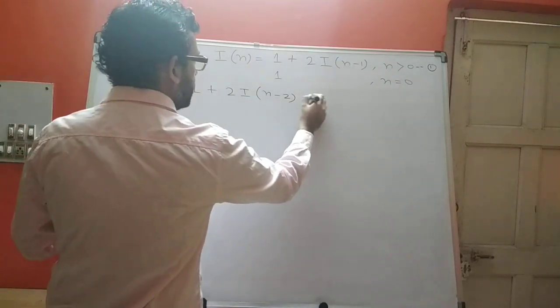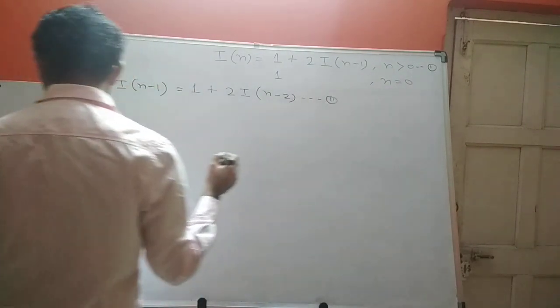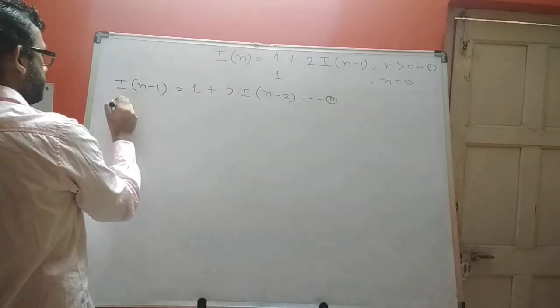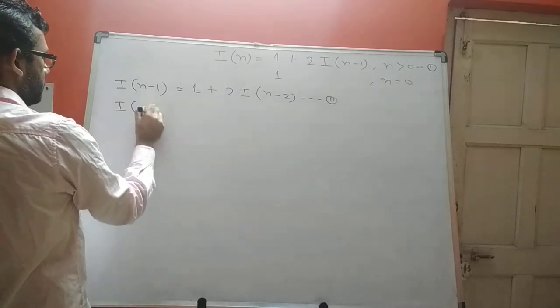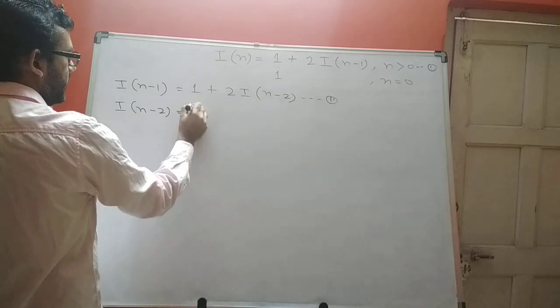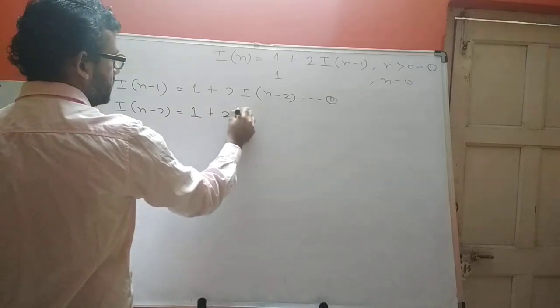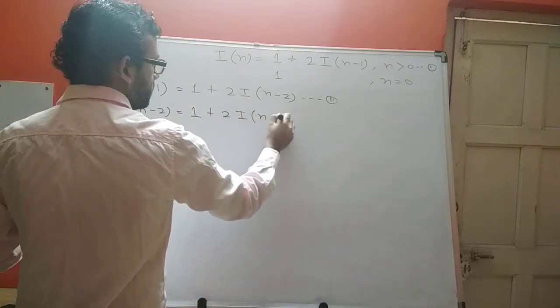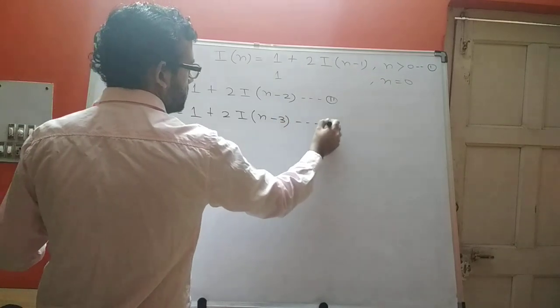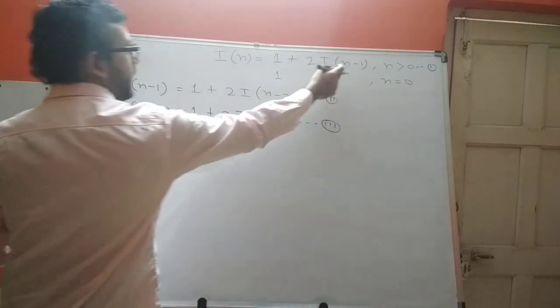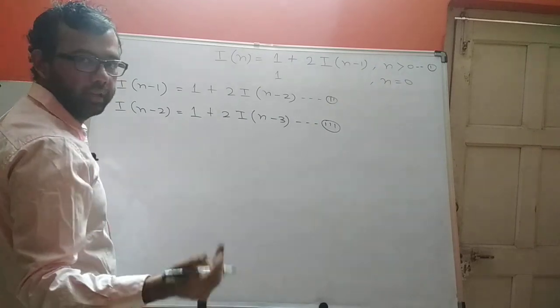So this will give me my equation 2. Now in place of n, if I substitute n minus 2, then what will I get? I'll get 1 plus 2 into I of n minus 3. So in place of n, if you substitute n minus 2, you get n minus 3.